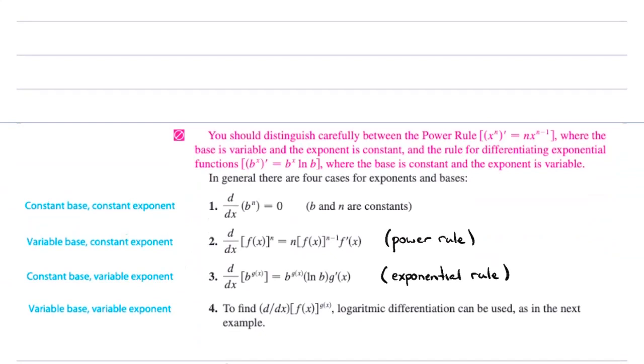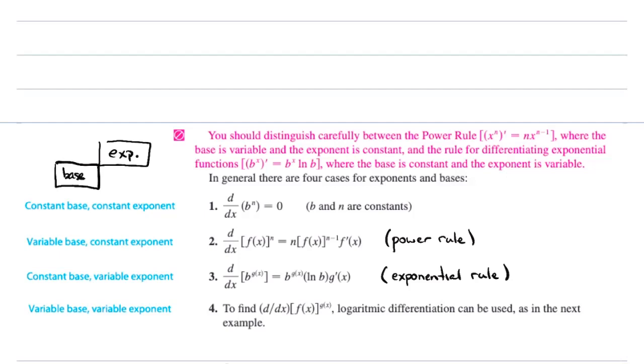I think it's kind of a nice summary talking about when you have some exponential expression. So you've got some thing that's called the base, and it's raised to something called the exponent. What the author is talking us through here are perhaps easily confused differentiation rules, but you want to get these things down.